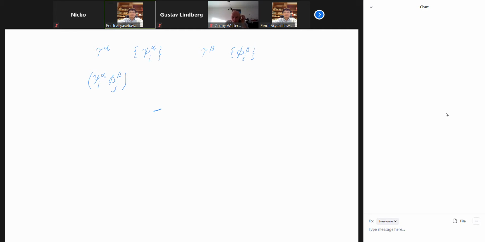So if we apply a symmetry operation on this object, then we get a sum over i prime j prime of psi alpha i prime phi beta j prime, and the matrix will be the direct product matrix.